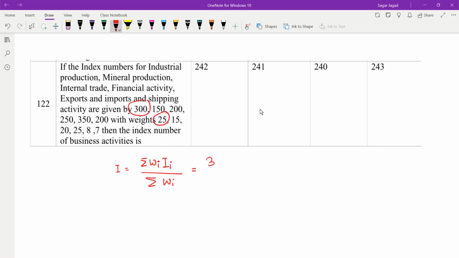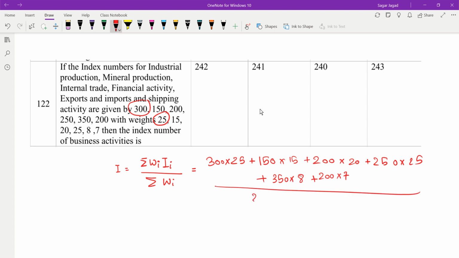So it is 300 into 25 plus the index number 150 with the weight of 15 plus 200 with the weight of 20 plus 250 with the weight of 25 plus 350 with the weight of 8 plus 200 with the weight of 7. All this should be divided by the summation of all the weights, that is nothing but 25, 15, 20, 25, 8 and 7. I am supposed to add.